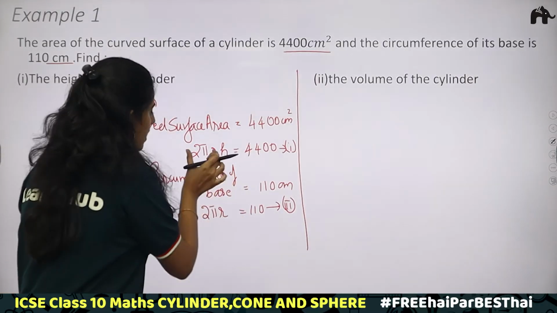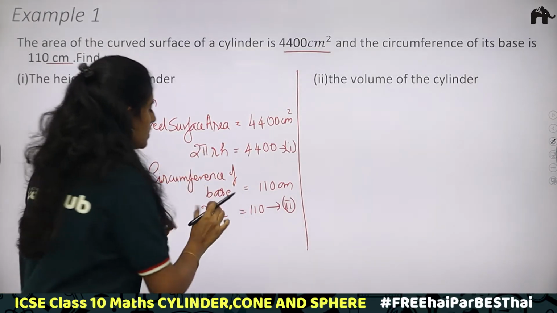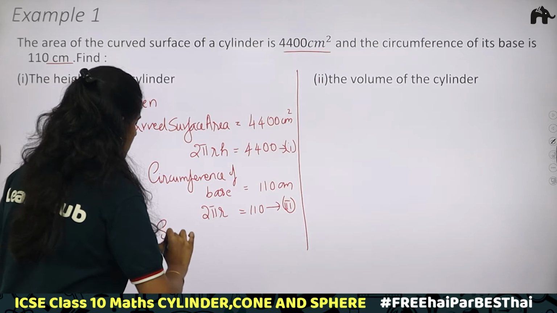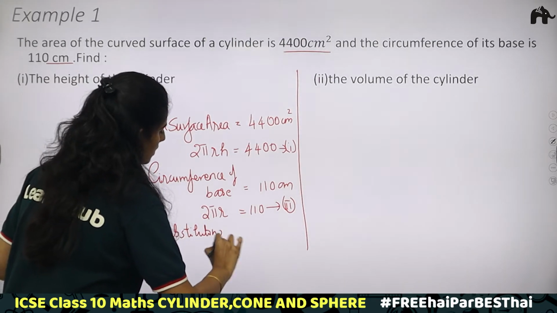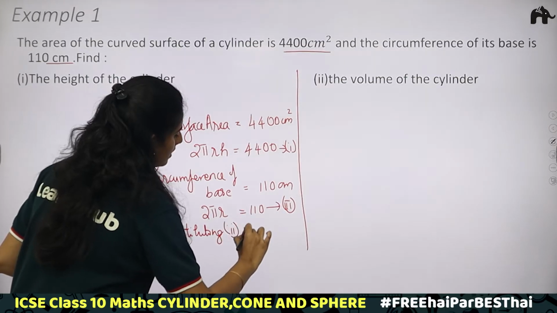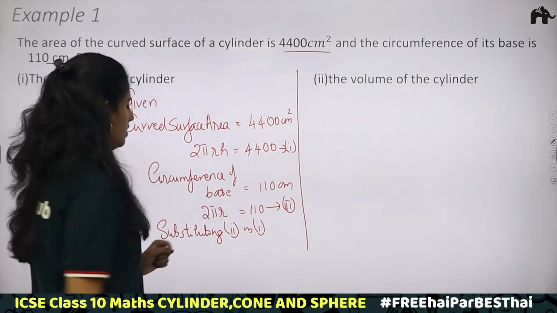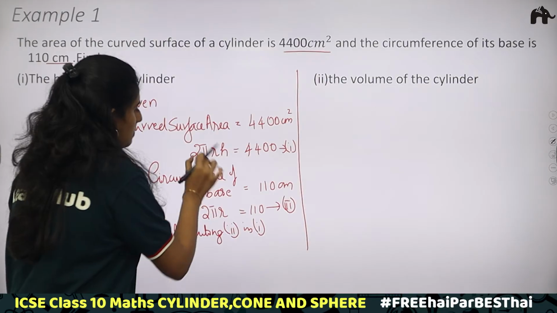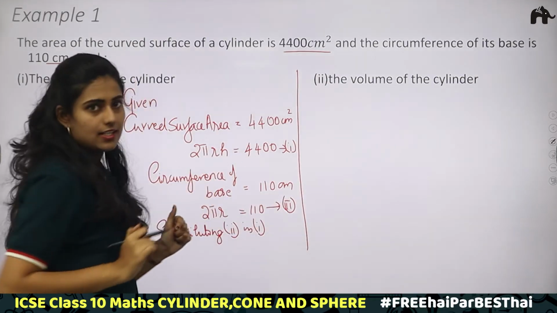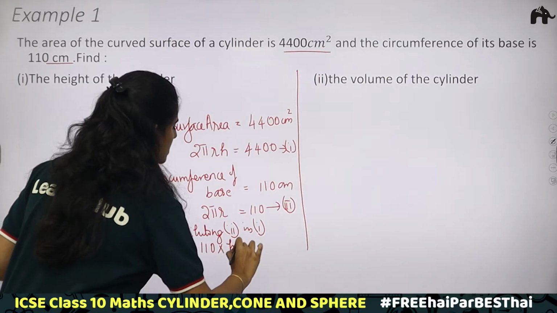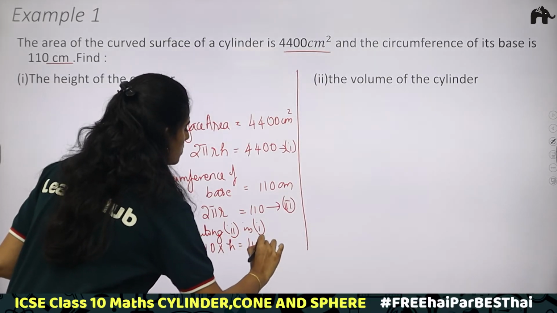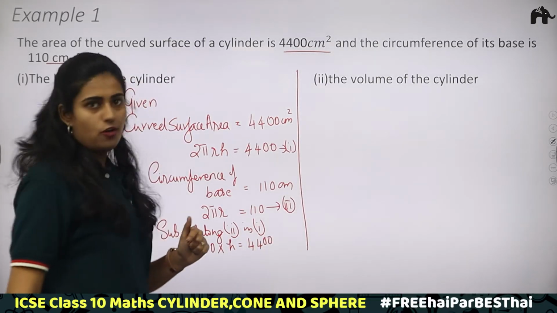So in equation 1, we have 2 pi r. Substituting the second equation in the first equation, in place of 2 pi r, we are going to put 110. 110 into h is equal to 4400.